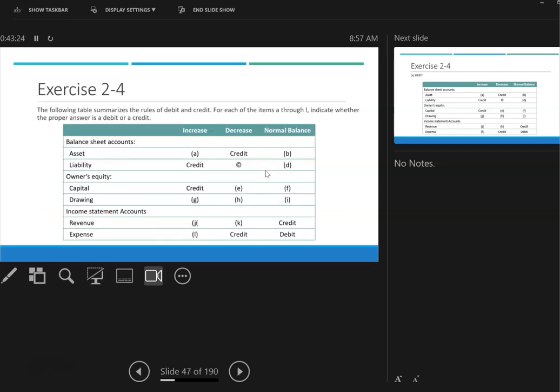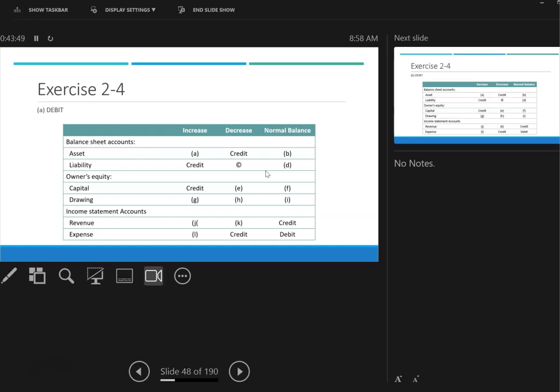Here's another exercise. The following table summarizes the rules of debits and credits for each of the items A through F. Indicate whether a proper answer is a debit or a credit. When an asset gets increased, what are we going to do with it? We debit it.